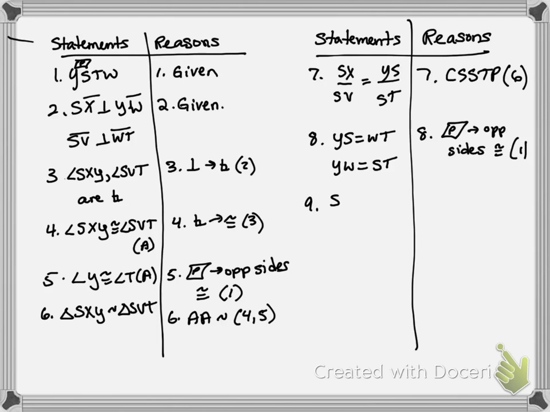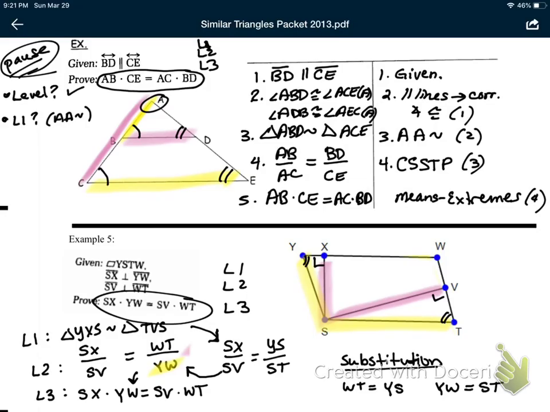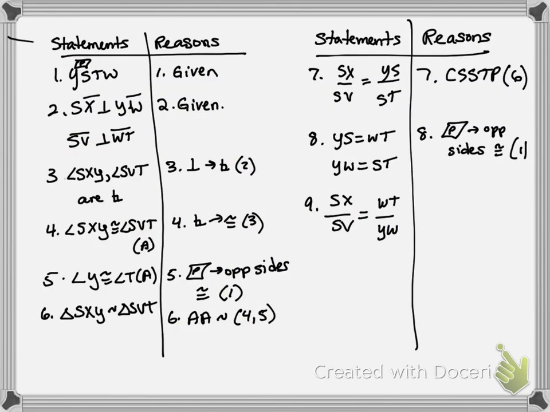SX over SV equals, instead of YS now, I'm going to say WT. And instead of YST, I'm going to put YW. And I think I'll be in business. Yep. Okay, so this is substitution.